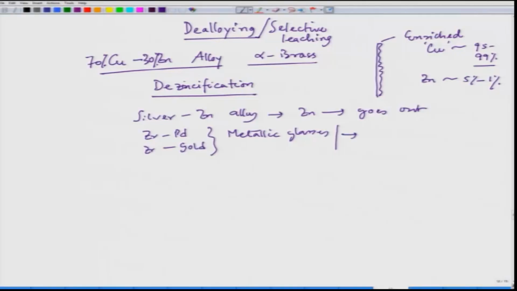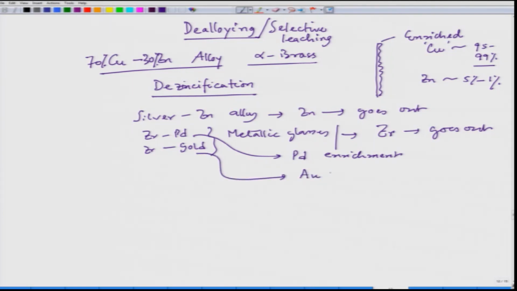And if we leave these two alloys in HCl solution, then zirconium goes out, and in this case we have Pd enrichment, and in this case gold enrichment. So, here also this is dealloying, since zirconium is going out.